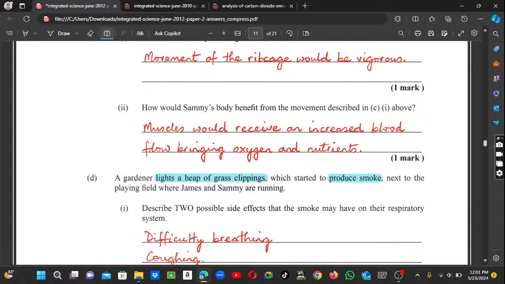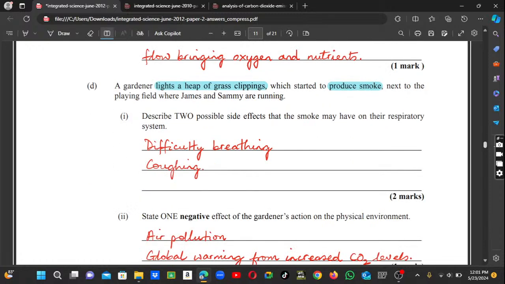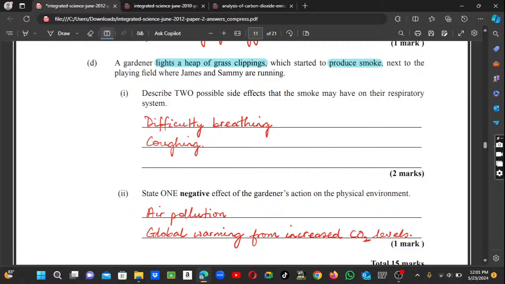All right, moving forward. A gardener lights a heap of grass clippings, which started to produce smoke, on the next playing field where James and Samuel are running. We need to describe two possible side effects that the smoke may have on the respiratory system. We know that smoke, guys, is not good.